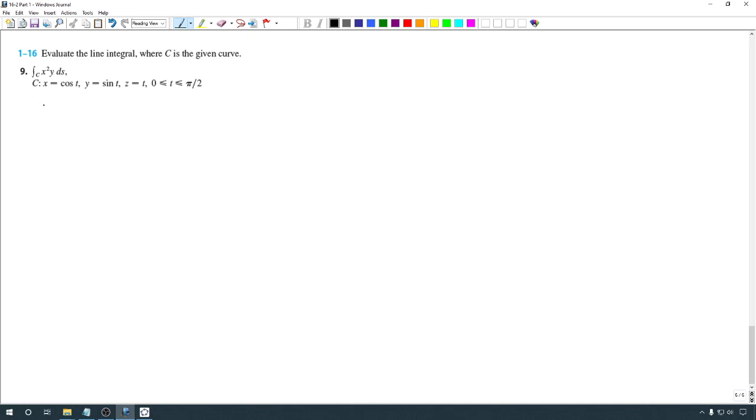Now, of course, the first thing that we need to do is take the derivatives. So dx dt, derivative of cosine is negative sine. dy dt, derivative of sine is cosine. And dz dt, well, derivative of t is just 1. We'll go ahead and take our square root right now.